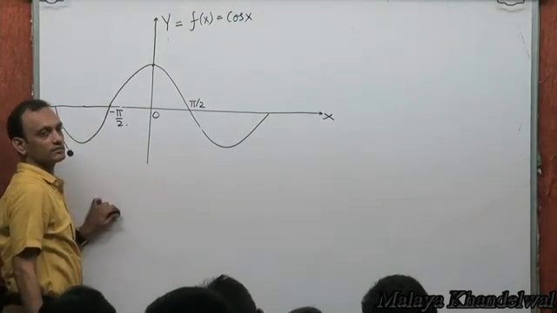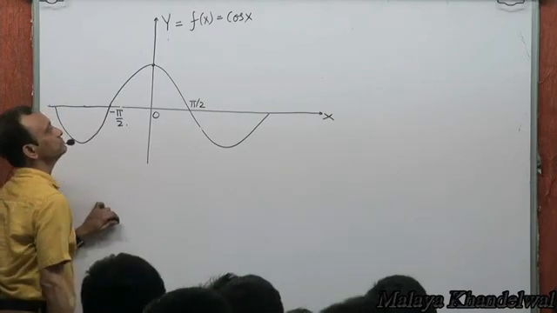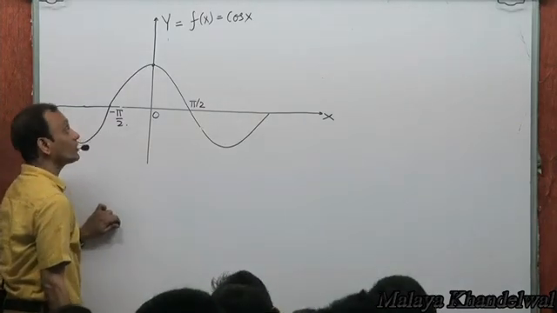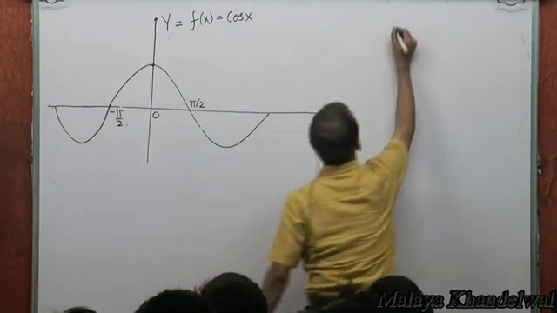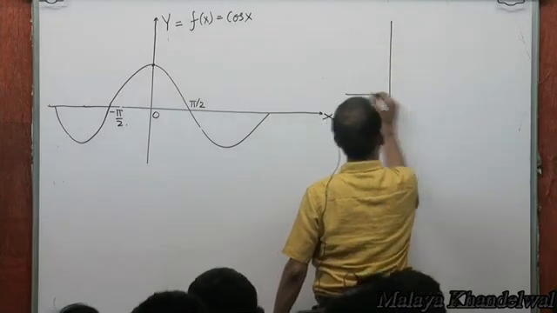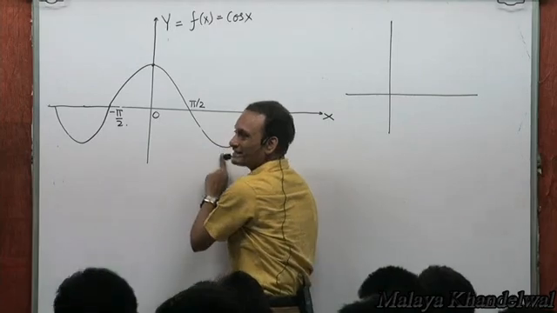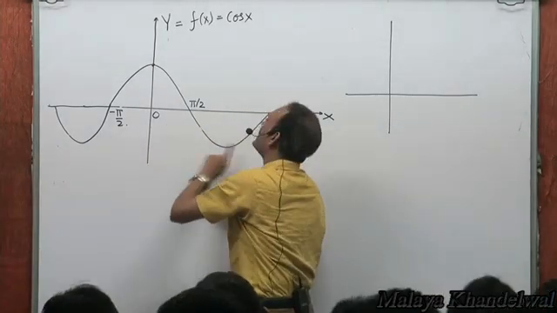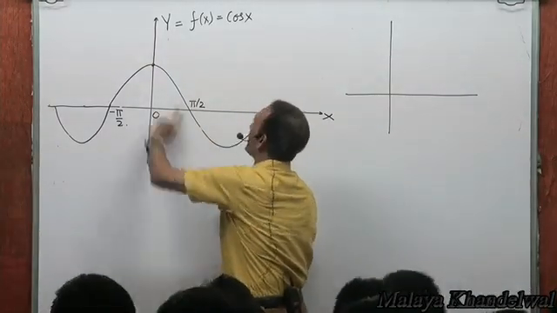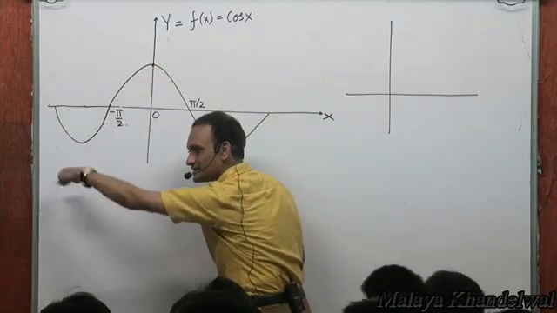Yes or no? If I have to draw the graph of cos mod x? Yes, because this already is the mirror image of this. So if you retain this and reflect this very portion about the y-axis, it matches with this.